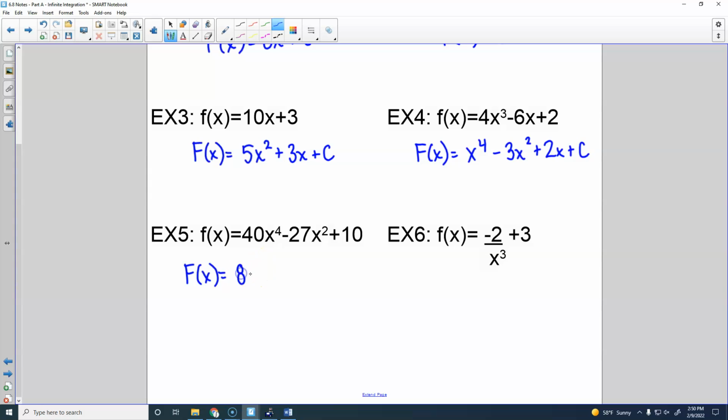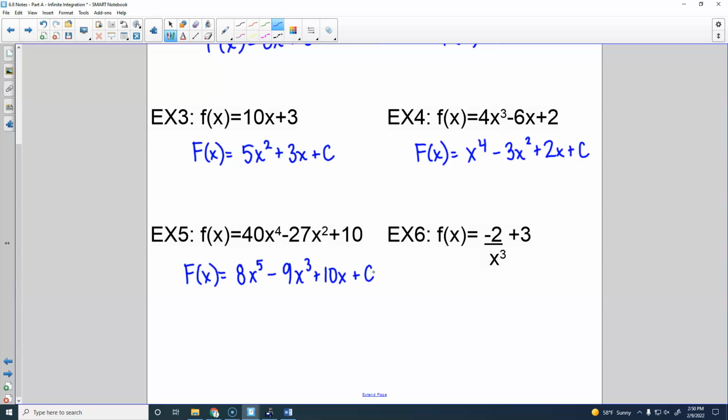X to the 5th minus 9x to the 3rd plus 10x plus c. Plus c. Good. Wonderful. That was a hard multiplication.